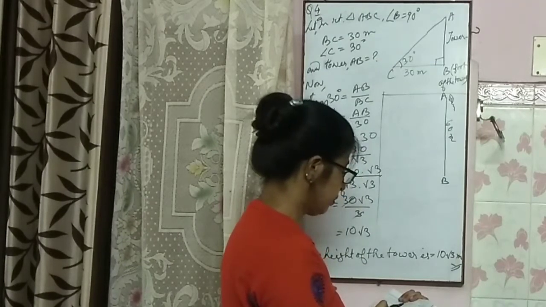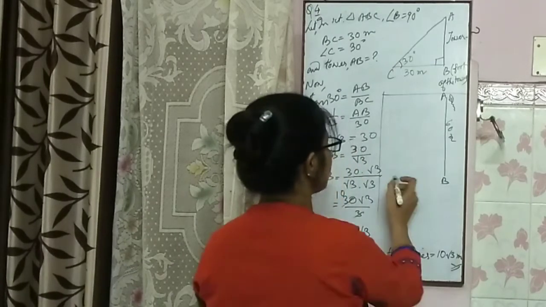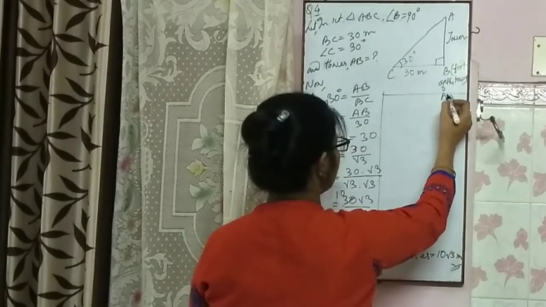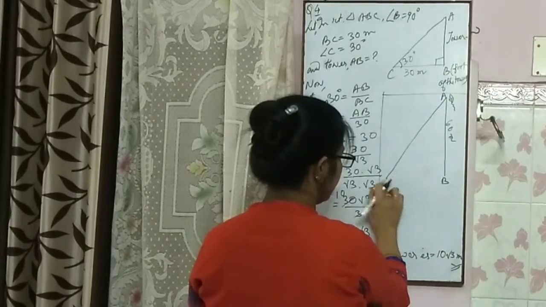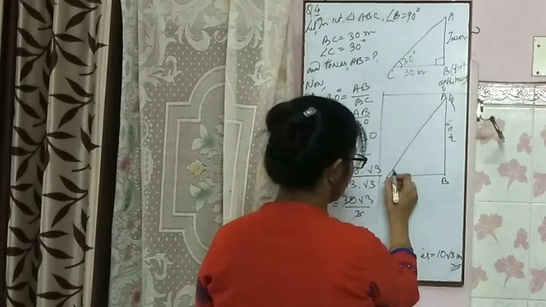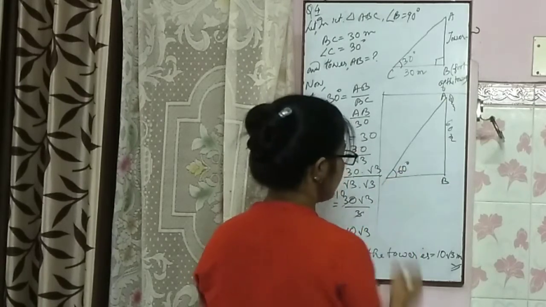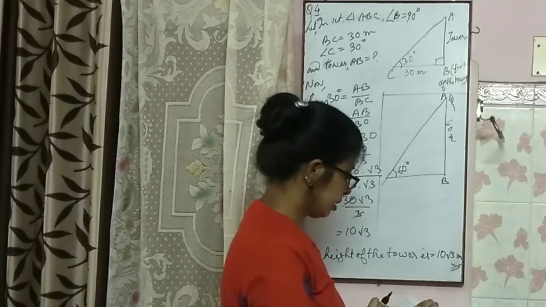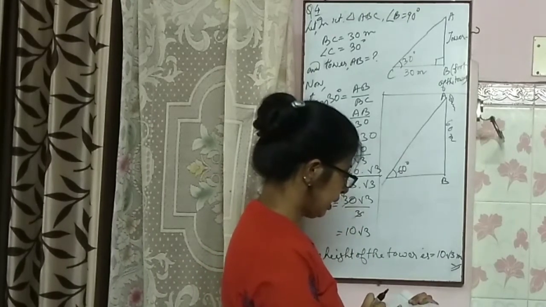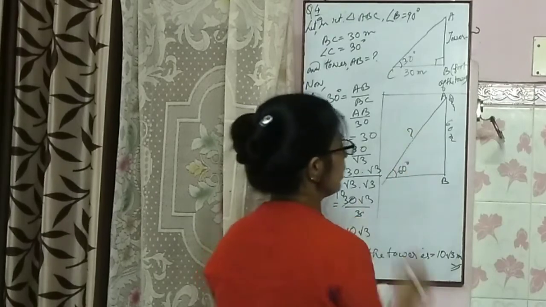The inclination of the string with the ground is 60 degree. Find the length of the string. This is to be found out.